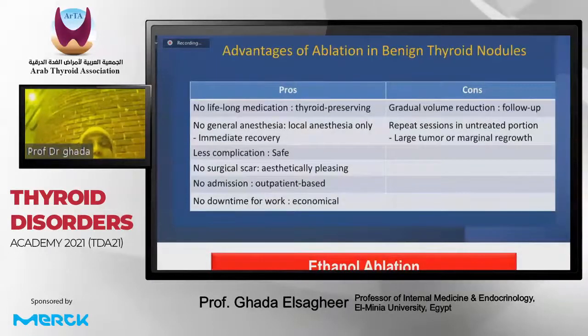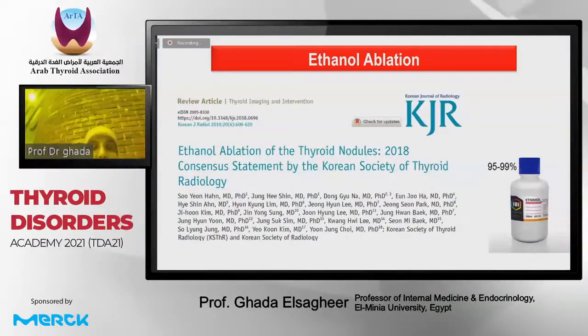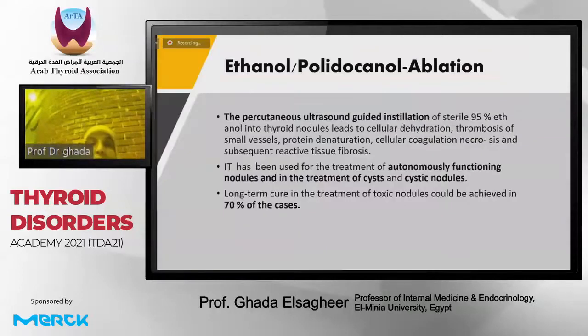We start with ethanol ablation therapy. According to the Korean Society of Thyroid Radiology, use sterile ethanol at 95% or 99% concentration. Ethanol or polidocanol injection is a sclerosant material also used in kidney cysts.